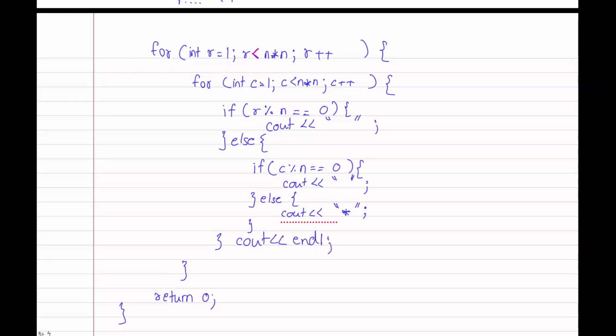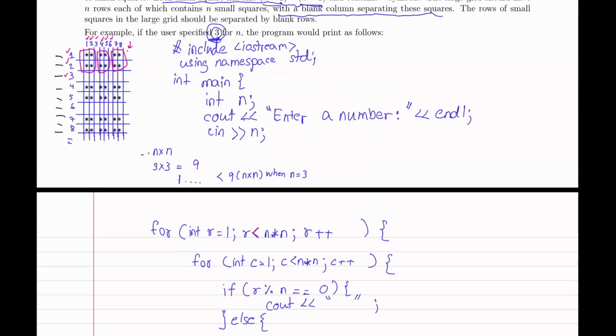Okay, why is n 8 when n is 3? So why 8? Because when we do n times n, we get 9. We need to print from 1 to 8. So here it is less than, 3 times 3 gives 9, so as long as r is less than 9, which means as long as r is 8, you need to print like that.